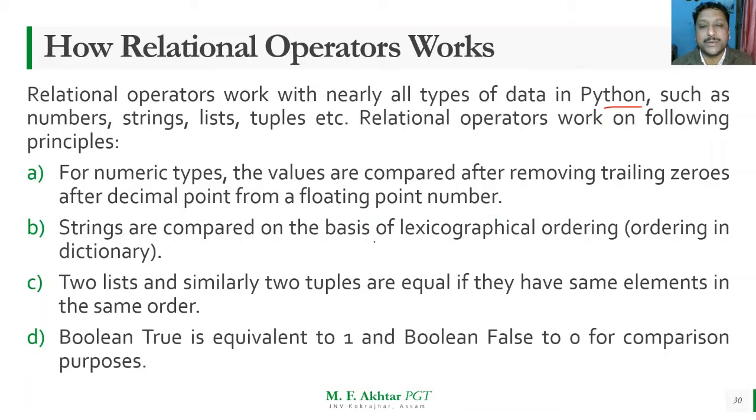Strings are compared on the basis of lexicographic ordering, as in a dictionary. 2 lists and similarly 2 tuples are equal if they have the same elements in the same order. Boolean true is equivalent to 1 and Boolean false is equivalent to 0 for comparison purposes. So if you apply relational operators on these different types of data, it will give you different results.